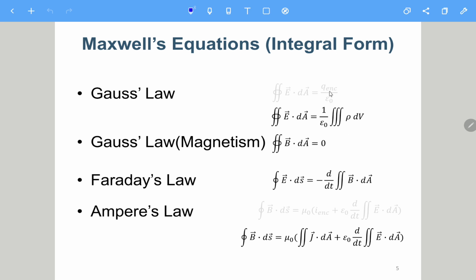Furthermore, we try to rewrite this Q enclosed as a triple integral. I think it is easy to understand because this Q enclosed means the total charge enclosed by the Gaussian surface, and the rho here is the charge density.